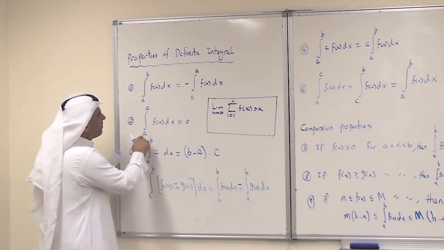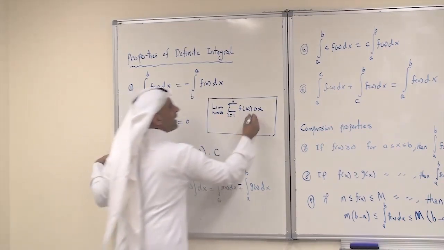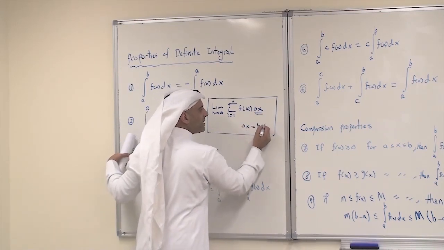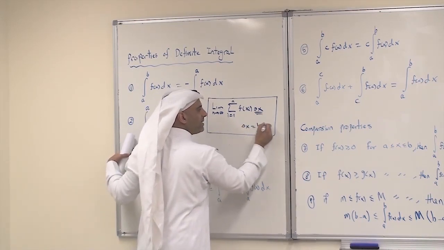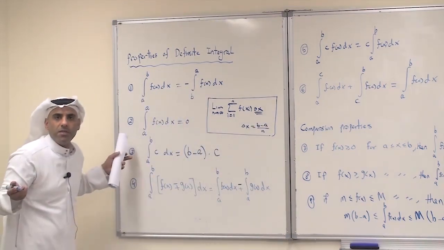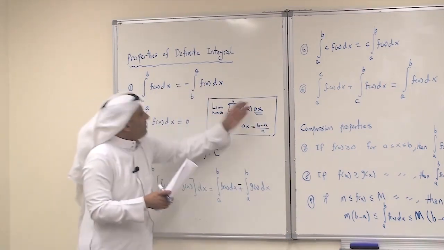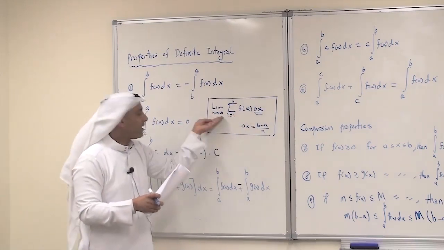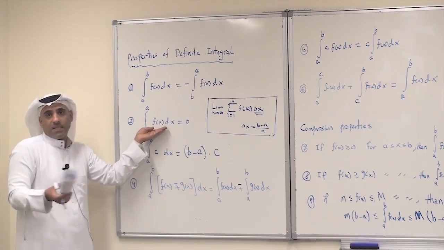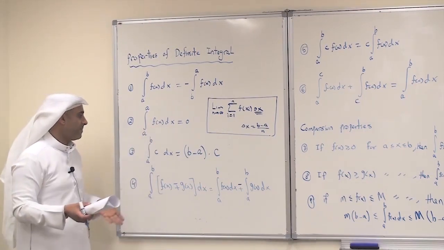But if you are integrating from a to a, what will be delta x? Delta x by definition is b minus a divided by n, but b and a are the same here. So delta x will be 0. If delta x is 0, everything here is 0. Then the limit is also equal to 0, so the integral is equal to 0. That's it. That is the proof of this statement.